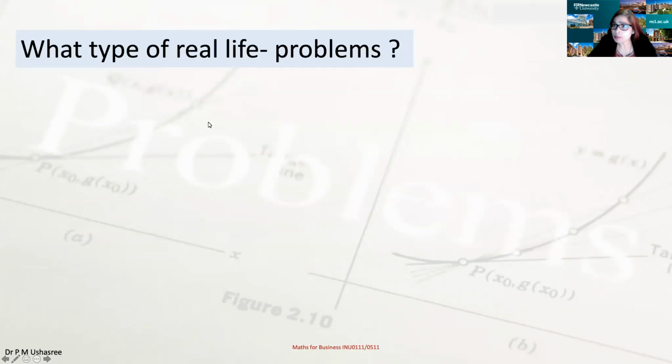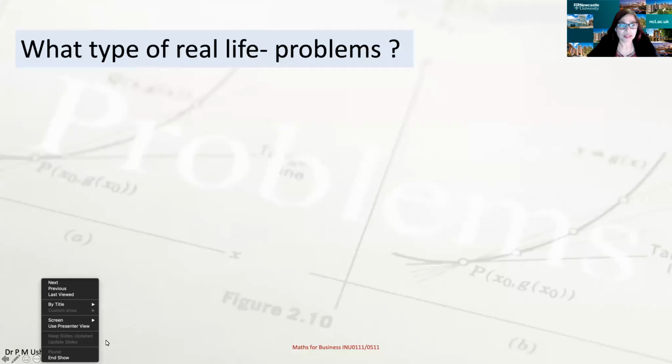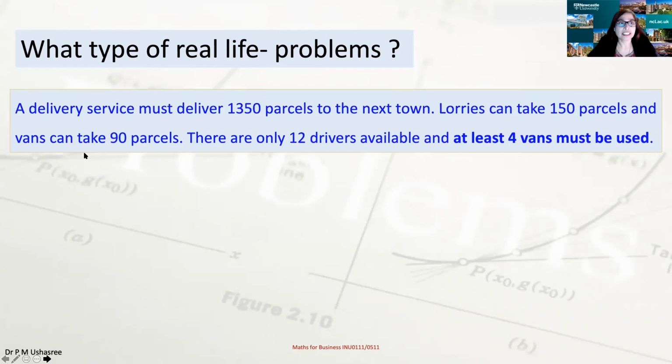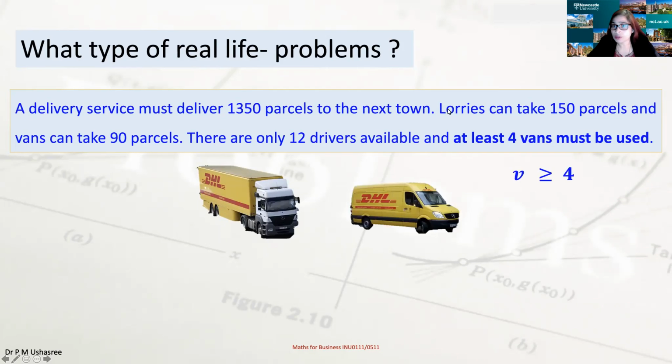So what type of real problems are we talking about here? For example, a delivery service must deliver 1,350 parcels to the next town. Lorries can take 150 parcels and vans can take 90 parcels. So look at the situation.